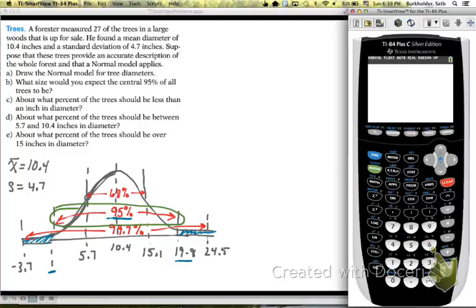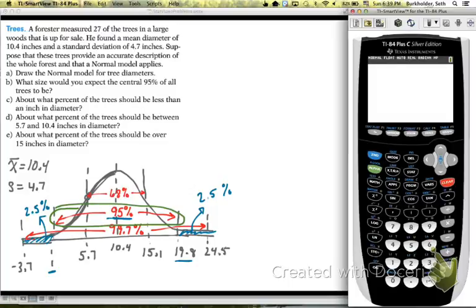Well, because the normal curve is symmetric, we know that each one of these little shaded regions actually represents 2.5%. So 2.5% are more than 19.8 inches in diameter, and approximately 2.5% are less than 1 inch in diameter. So the answer to question C, what percent of trees should be less than an inch in diameter? We would have to say around 2.5%.